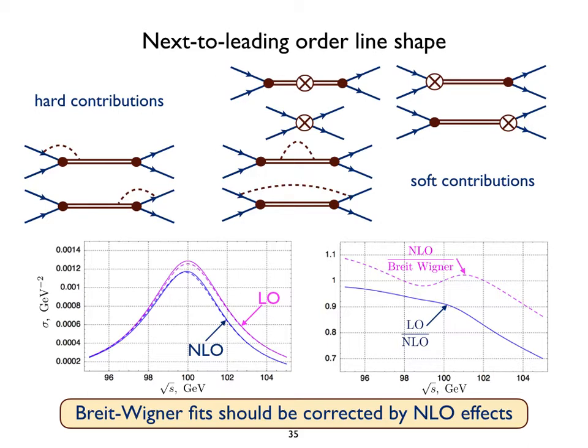Also, the next to leading order result was fitted by the Breit-Wigner form. The quality of such a fit is shown in the right plot. This makes clear that higher order corrections should be accounted for in the chosen form of the fit to the experimental data. I think this covers the main part.